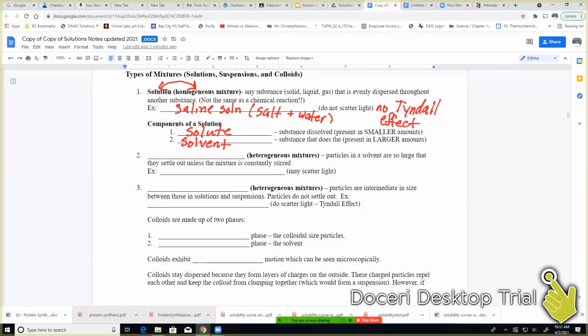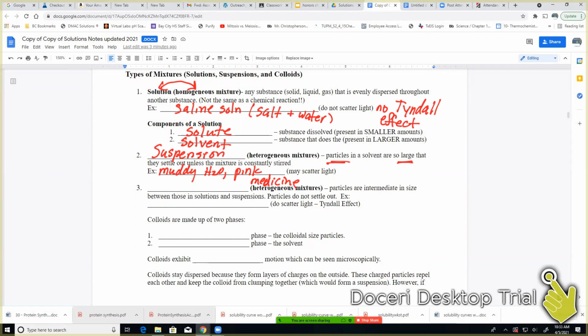Under heterogeneous mixture, the first one that we have is a suspension. It has the largest particle size. So you may shake it up, but once you let it sit there for a while, it's going to settle out. An example of that would be muddy water or pink medicine, amoxicillin.